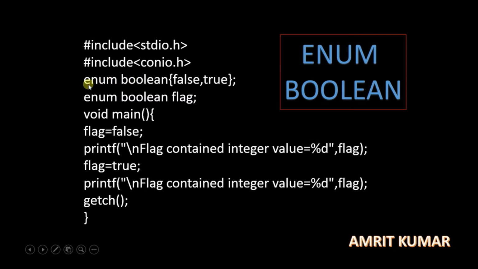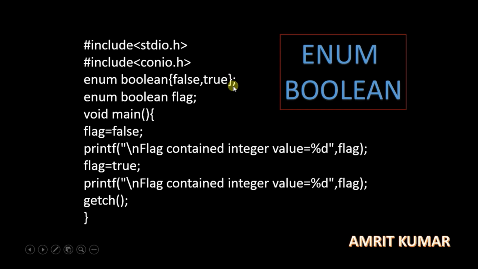So you need to write enum Boolean, enum and then Boolean. Boolean is going to contain either true or false. Therefore, I am writing false comma true inside the open and close curly braces.